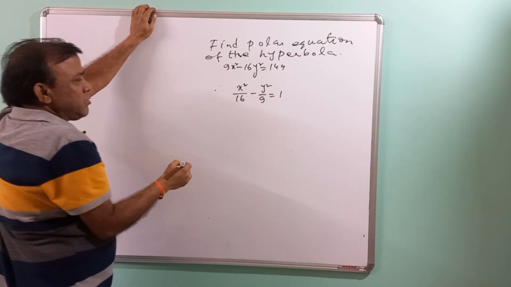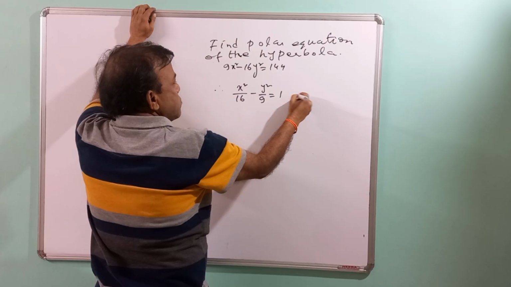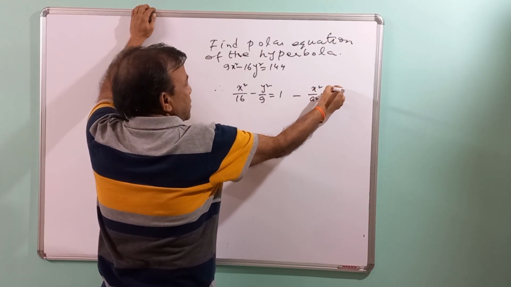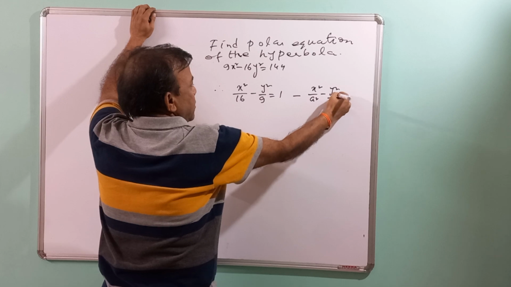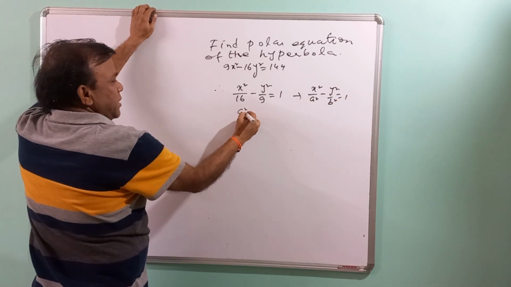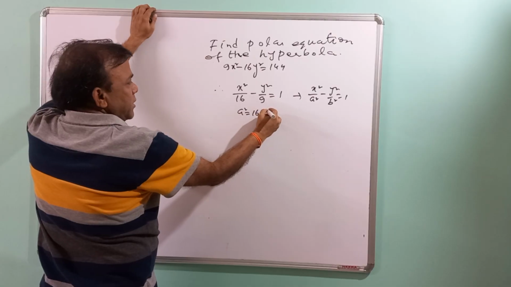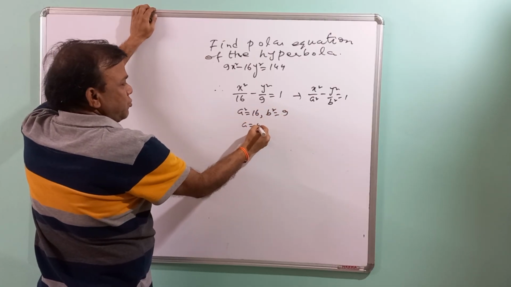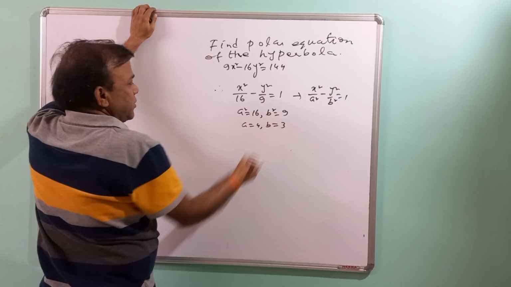Comparing this with x square by a square minus y square by b square equal to 1, here a square equal to 16 and b square equal to 9. A equal to 4, b equal to 3.